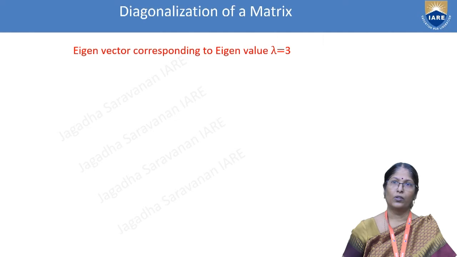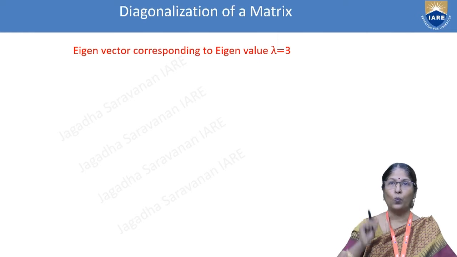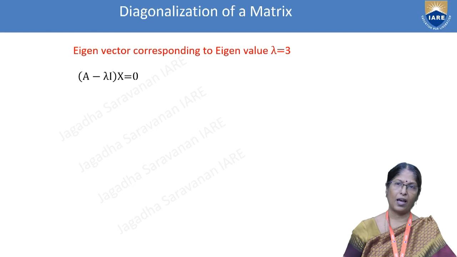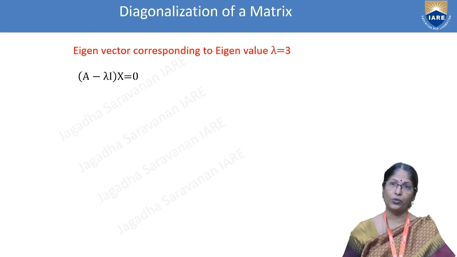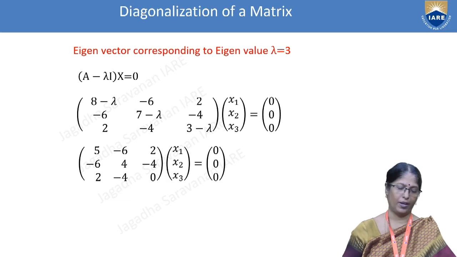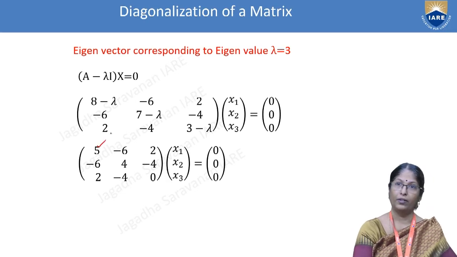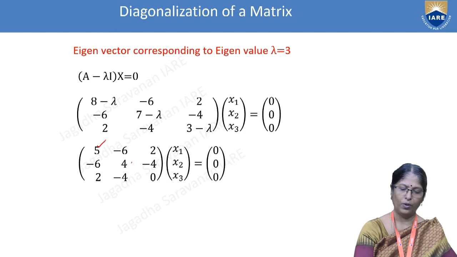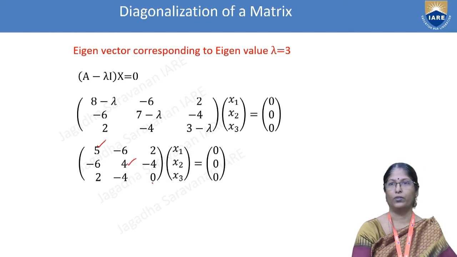Next. Now we have to find, when the eigenvalue lambda equal to 3, what is the eigenvector? A minus lambda I of x equal to 0. So it is written, and lambda equal to 3, that is here, and 7 minus 4, and here also 0.